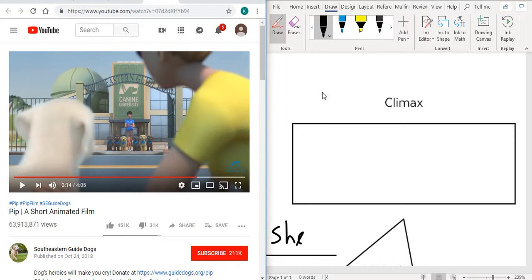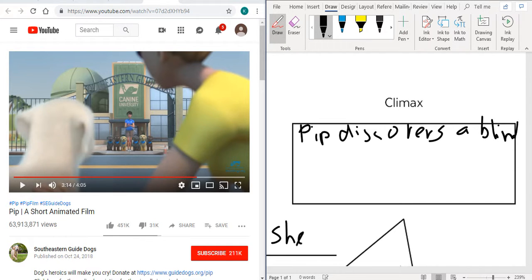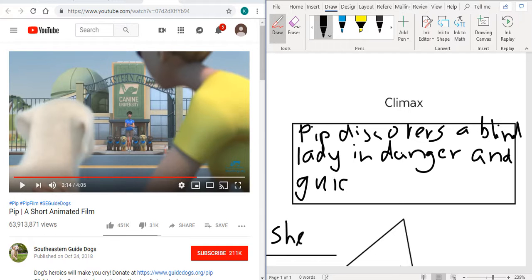So that was the climax there. So Pip discovers a blind lady in danger and guides her to safety.